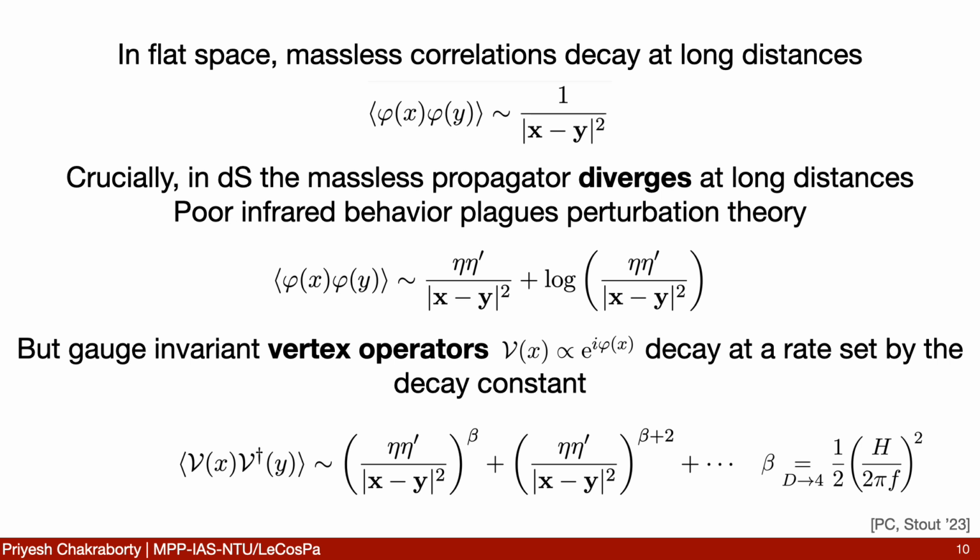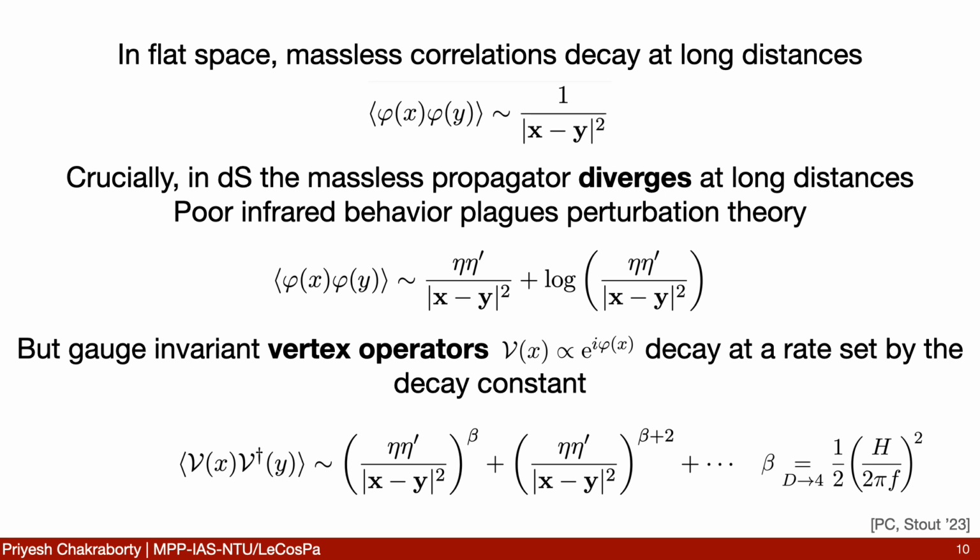And such operators, or operators built out of vertex operators, do exhibit healthy behavior. So for instance, the 2-point function of this operator is going to decay with distance, as opposed to grow. And the decay rate is set by the two available scales you have in the problem, which are H and f.